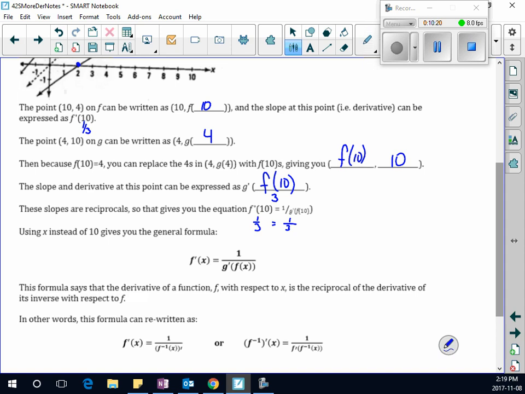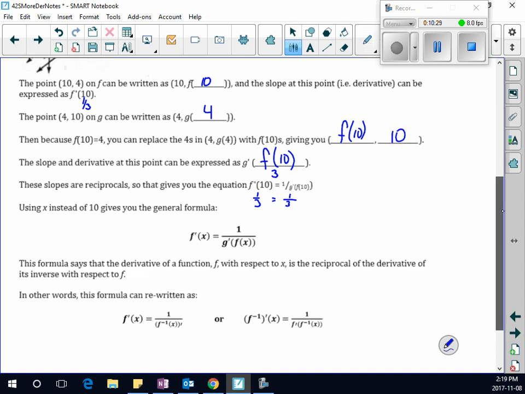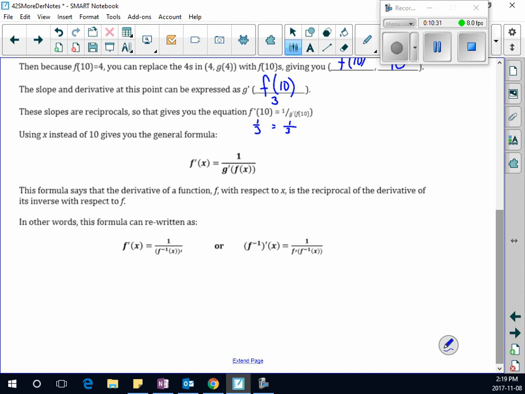Why are we doing this? You have to get the understanding of what you're looking for, because they're going to give you certain points, and then you have to know what you're plugging in and then to reciprocate it. You'll see in a second once we do some questions. So basically, if we use x's instead of tens, the derivative of the inverse function at f(x) is the reciprocal of the derivative of f at x. So x goes in, f(x) comes out.